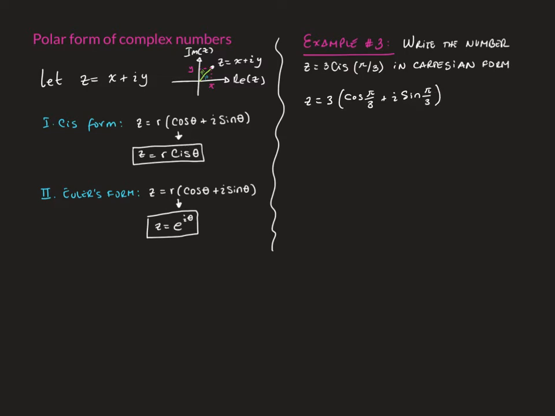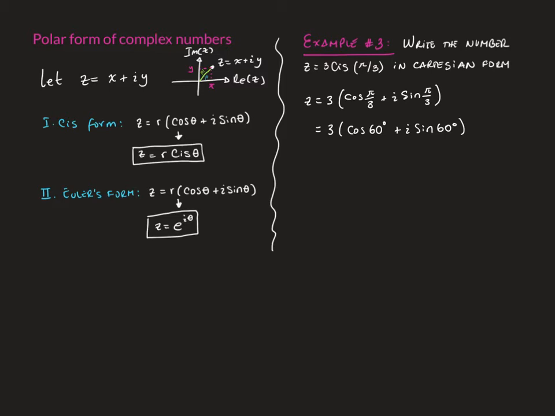In radians, pi by 3 is equivalent to 60 degrees, so it's the same as 3 cosine of 60 degrees plus i sine of 60 degrees. You should be able to work in both.